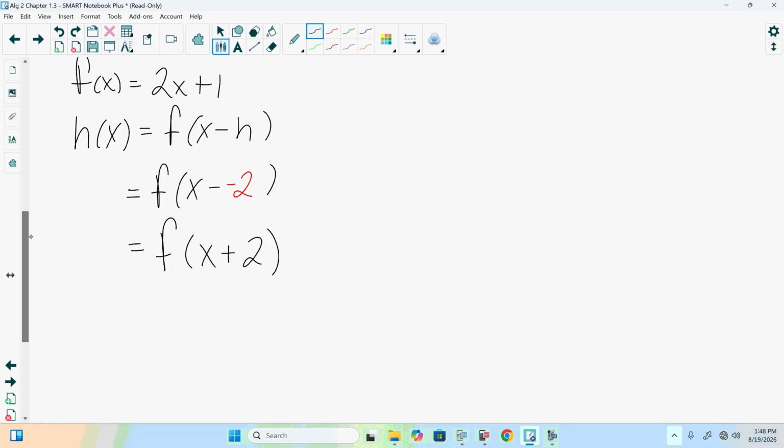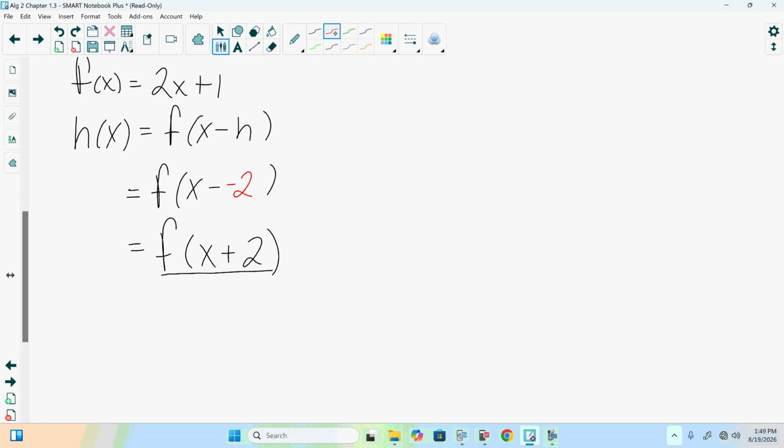Now, for this one here, they told us f of x is equal to 2x plus 1, yes? What do we have at the moment? We have f of x plus 2. So we can't just rewrite this as it is, because it's not f of x anymore. It's f of x plus 2. What have we done?